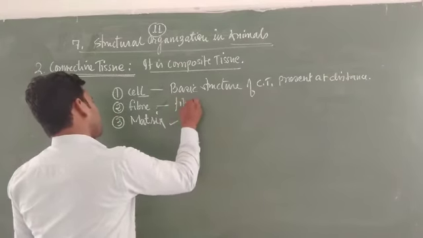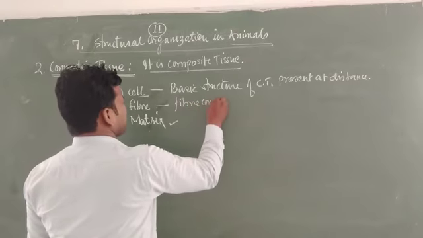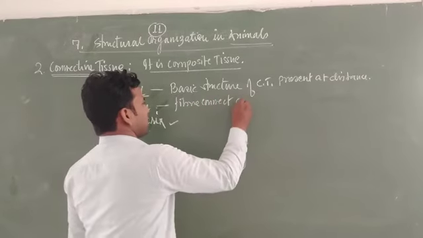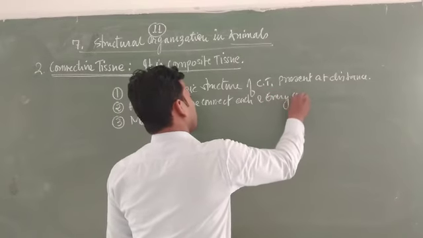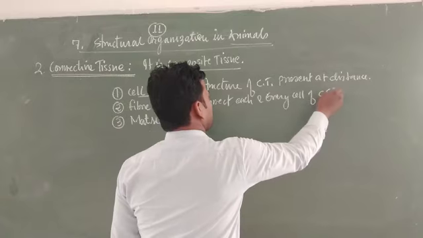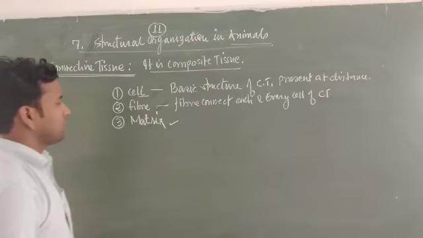Fibers generally connect each and every cell of connective tissues. And third is the matrix.